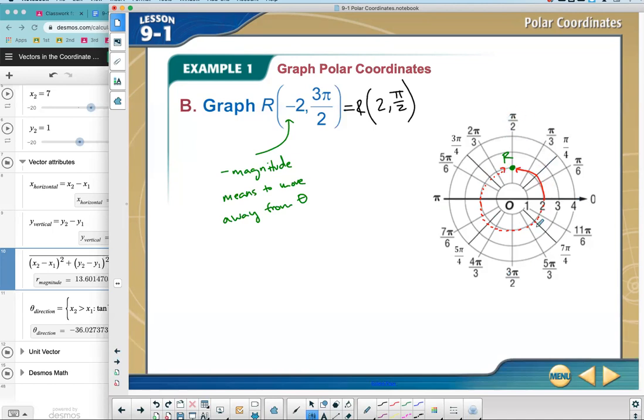I'm getting ahead of myself, but I could write this as on the second circle, but with the angle being a negative 3 pi over 2. That's how far around I went. There's negative 1 pi over 2, there's negative 1 pi, this would be negative 3 pi over 2. You can just see I'm reading the values backwards.